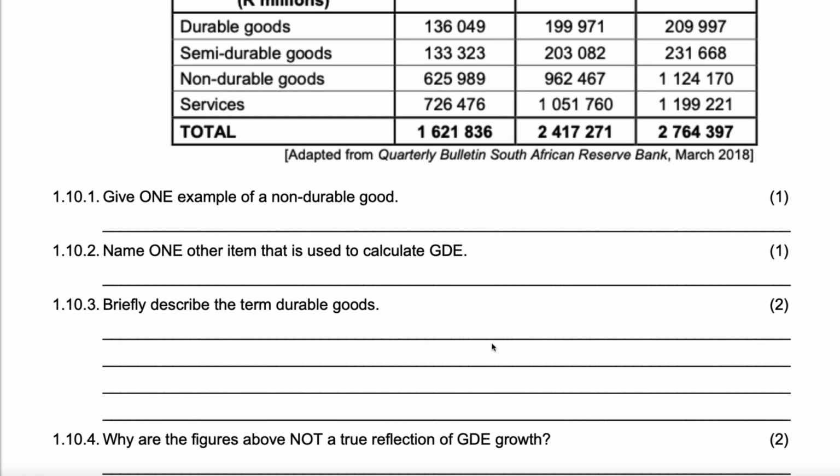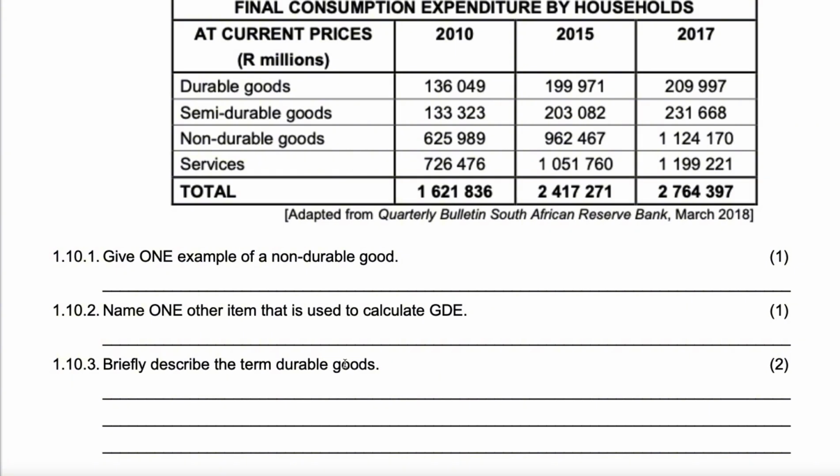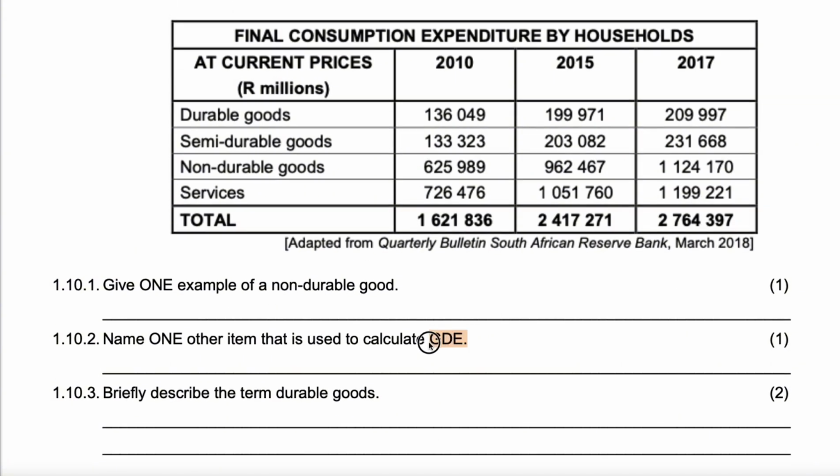Name one other item that is used to calculate GDE. When we want to calculate GDE, it's C plus G plus I, and remember the residual item. We have the C, because here we have final consumption spending by households. So what you can write here is final consumption spending by government. You can write gross capital formation.